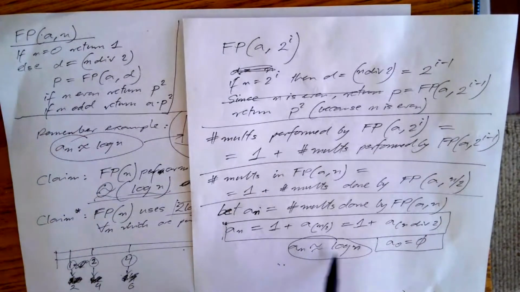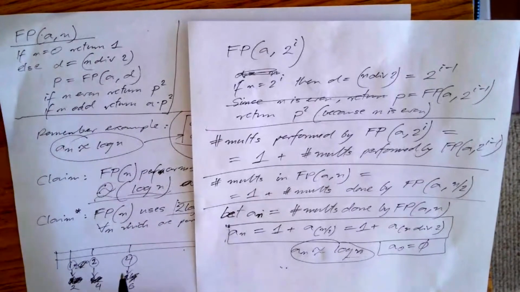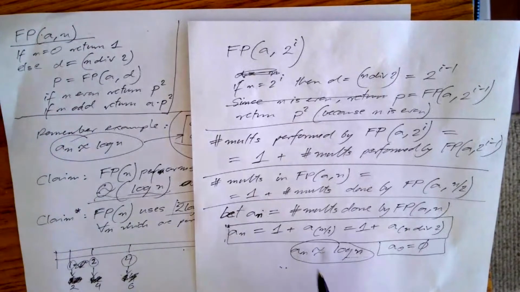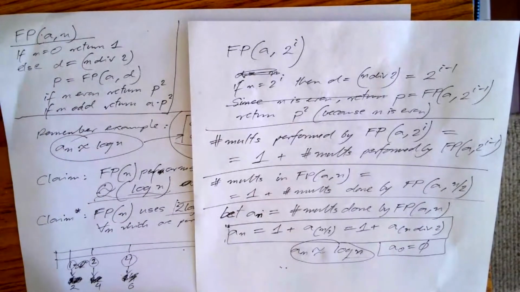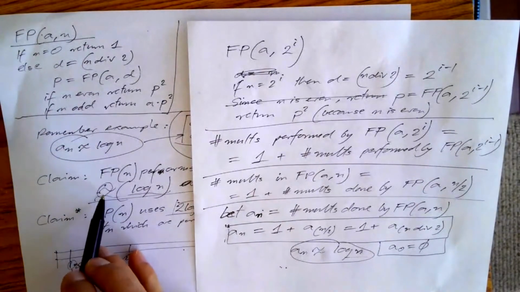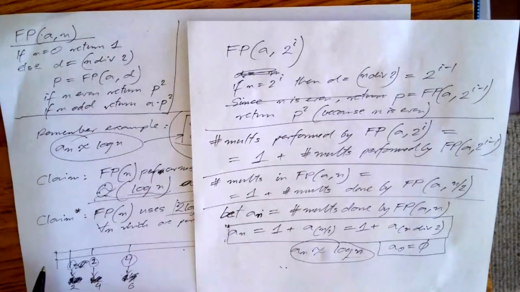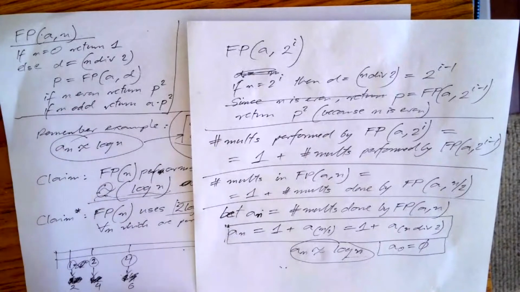Then it's exactly equal to the logarithm. For everything that falls in between, it's not hard to see that the number of multiplications must also fall in between. And so therefore, we have this approximation. Or if you want to be formal, you use this theta notation. For our purposes, either one is fine.